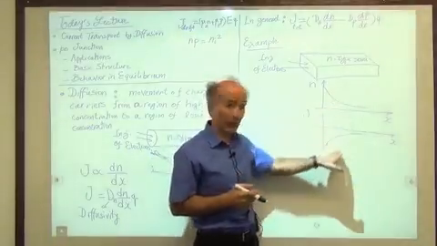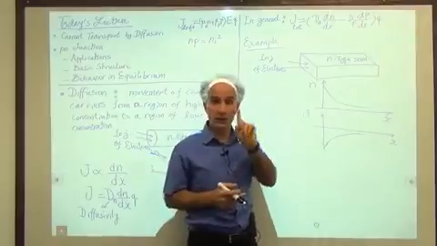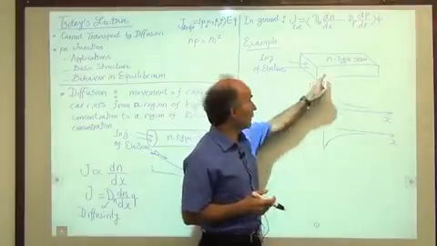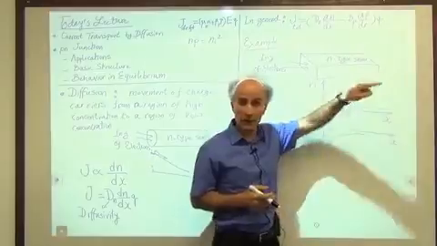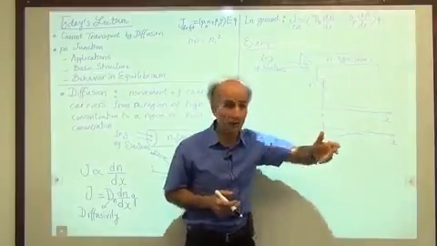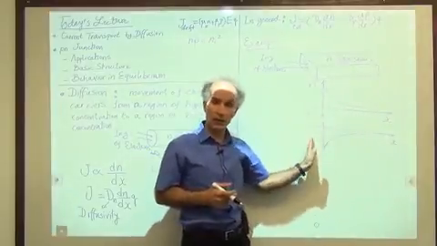So if we see this behavior, the only conclusion, the only possibility, is that the electrons must be combining with holes as they go this way. And that's why we have fewer electrons over here than over here.